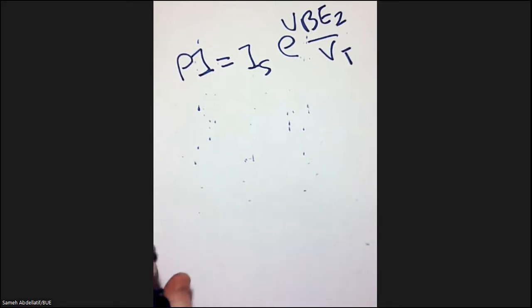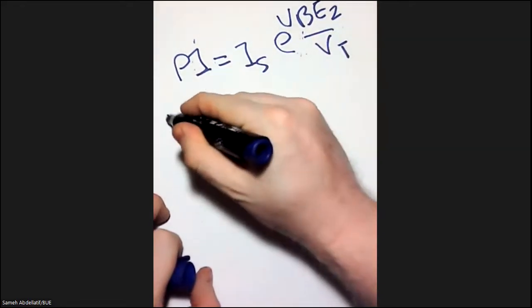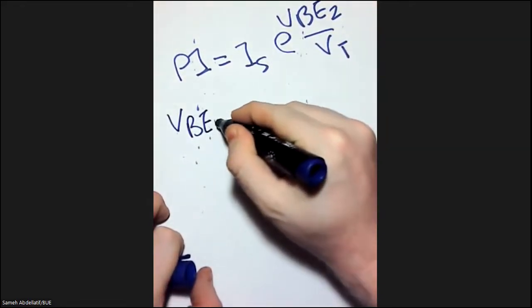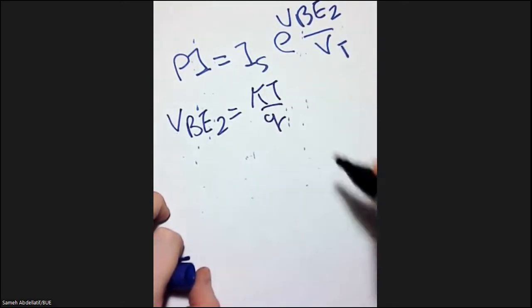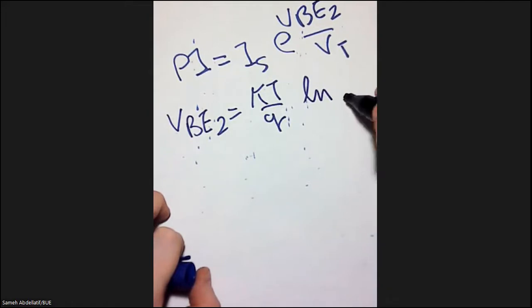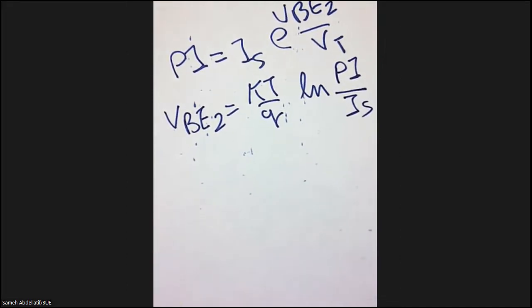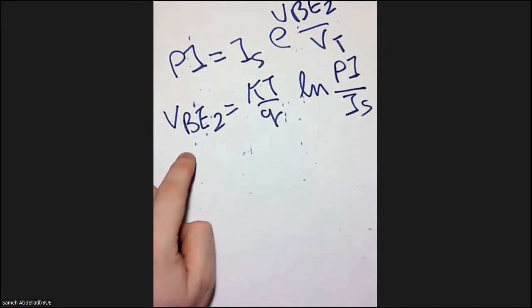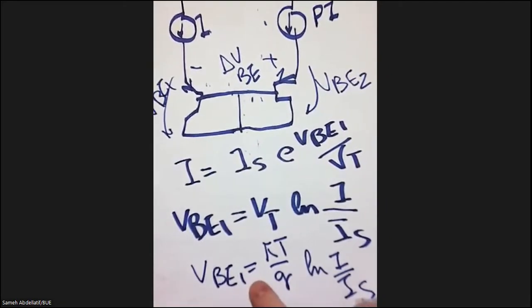So by doing the same approach, you can find that VPE2 equals VT, which is KT over Q, ln P times I over IS. Now you have an equation for VPE2, and you have another equation for VPE1.